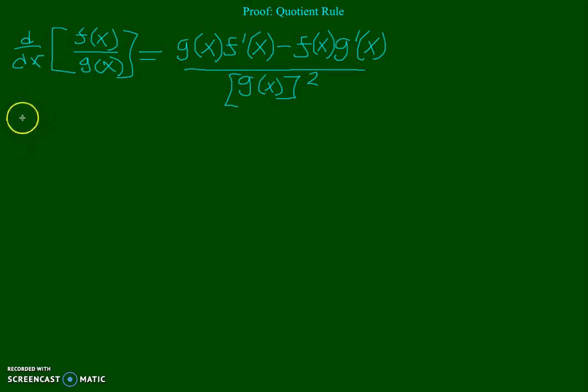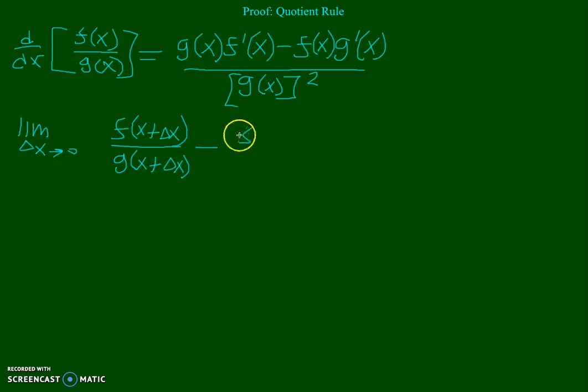So let's begin. The limit as delta x approaches 0 of f of x plus delta x over g of x plus delta x minus f of x over g of x, all over delta x.